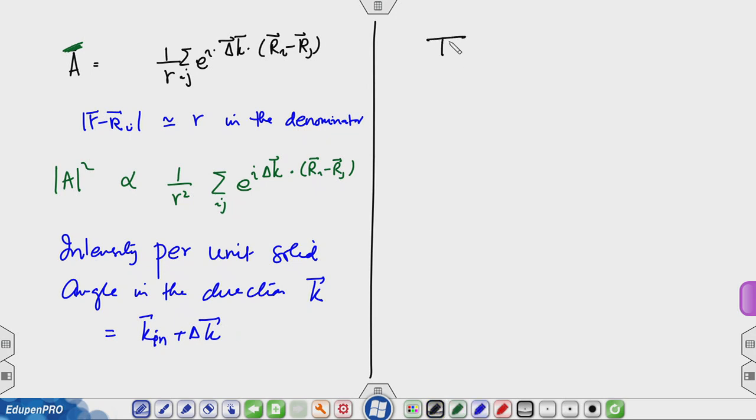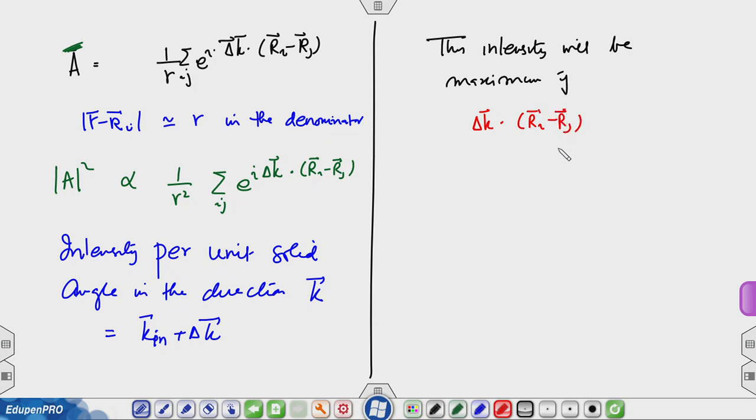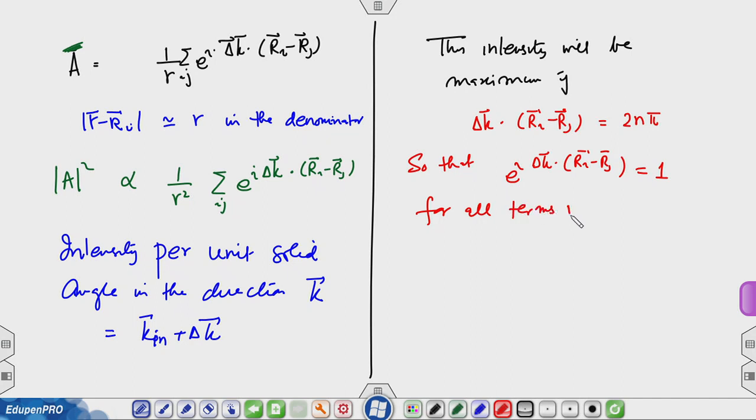This intensity will be maximum if delta k dot (r_i minus r_j) is equal to 2 n pi, so that e raised to i delta k dot (r_i minus r_j) is equal to 1 for all terms in the sum.